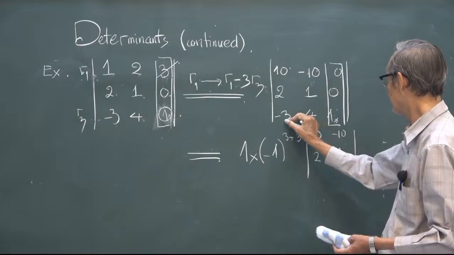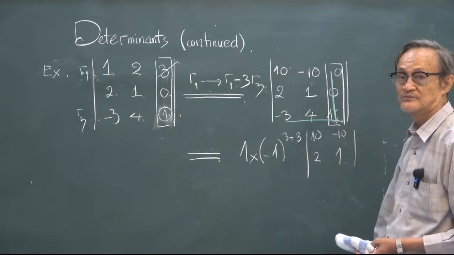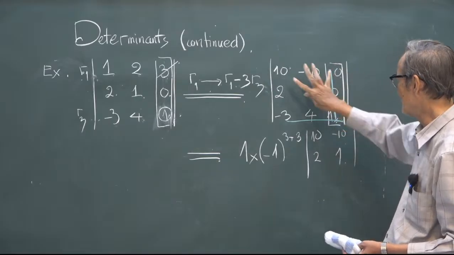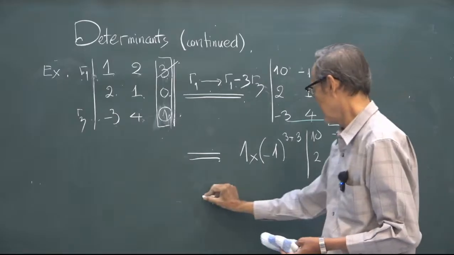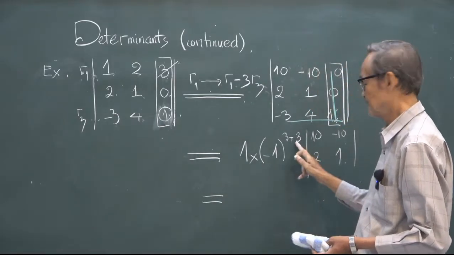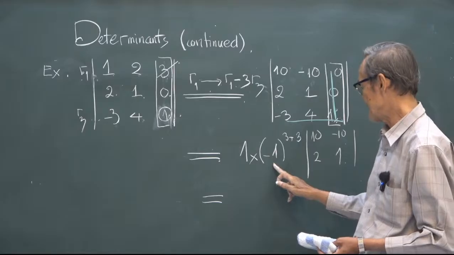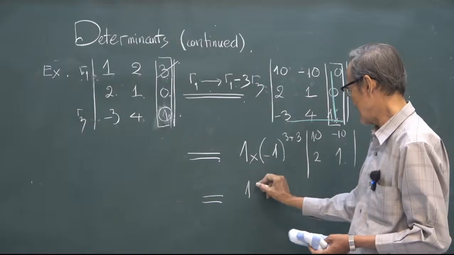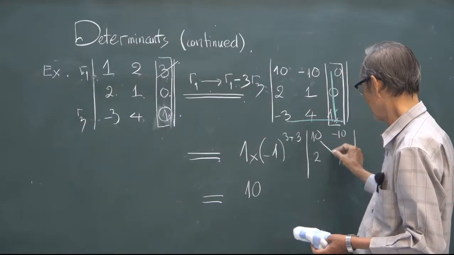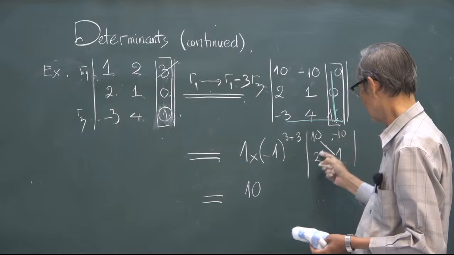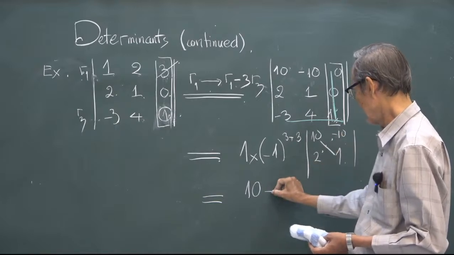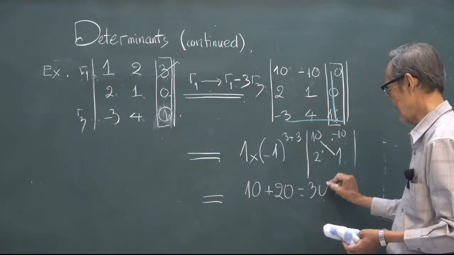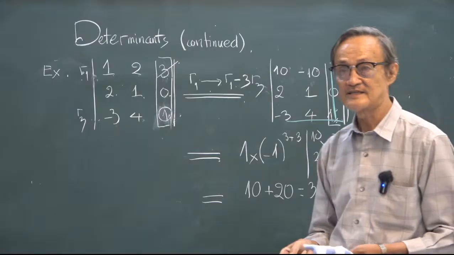Delete the rows of this element and the columns of this element. The sign is plus. Main diagonal product, minus sub-diagonal product, plus 20. So the result is 30.